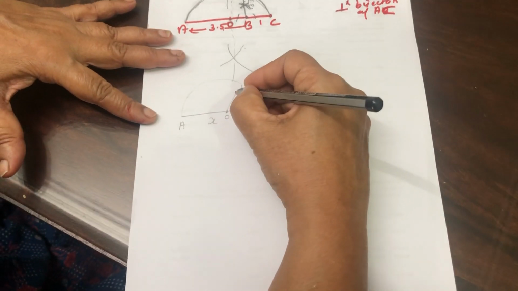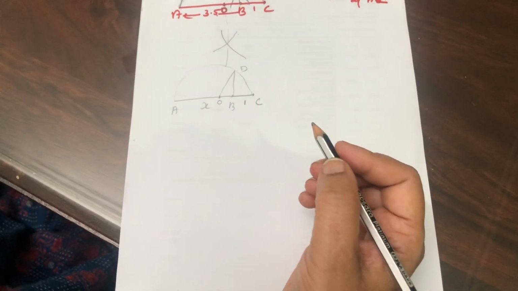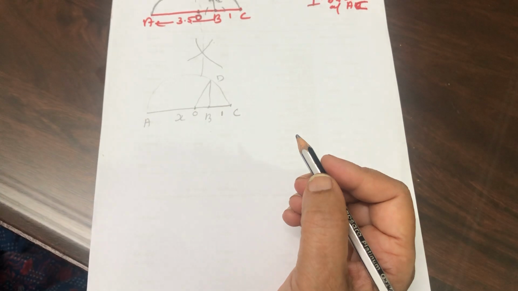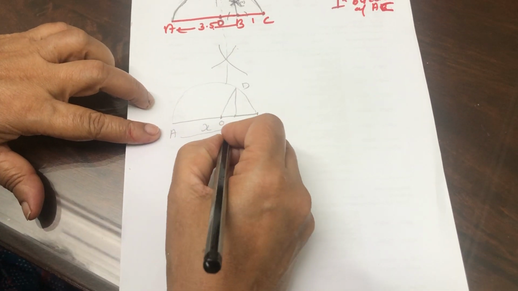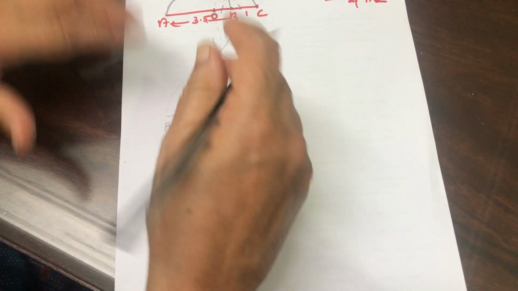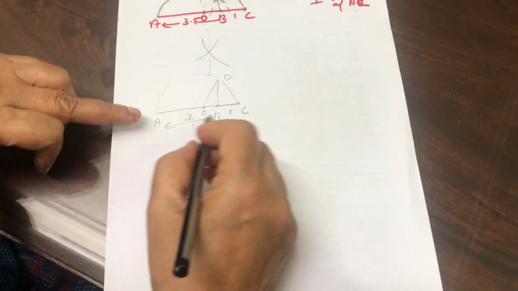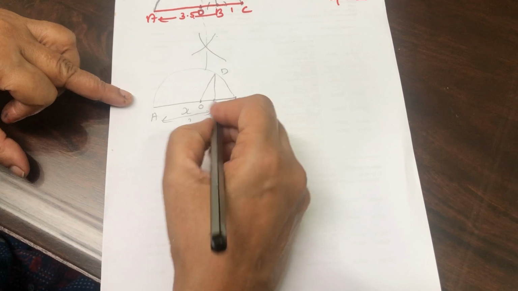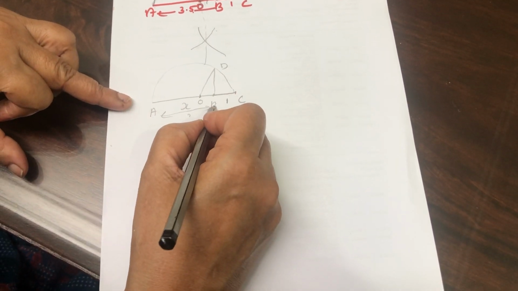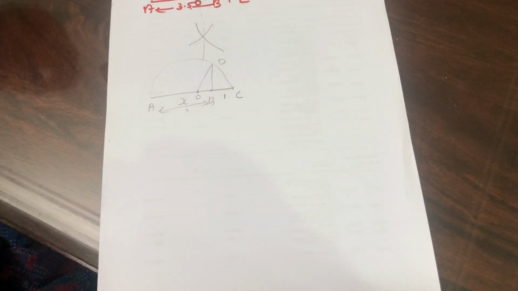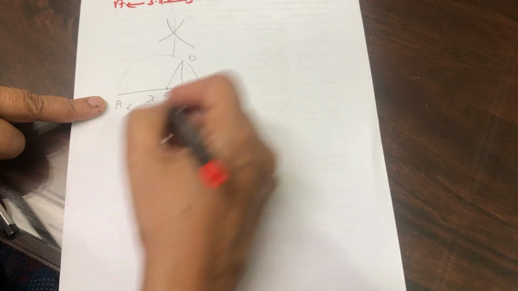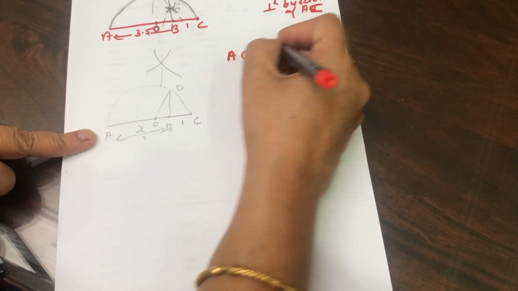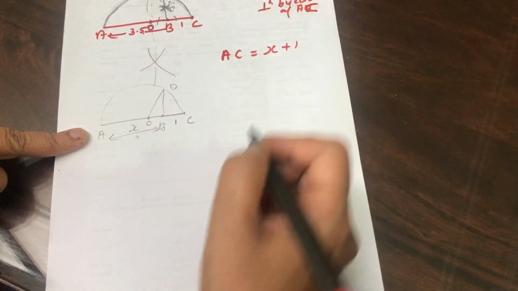Consider this right angle triangle BOD. AB is, as we have taken, 3.5. This is x. X is from A to B and BC is 1. So what is AC? AC is equal to x plus 1.